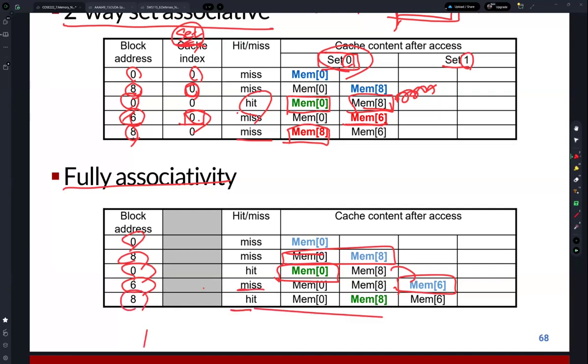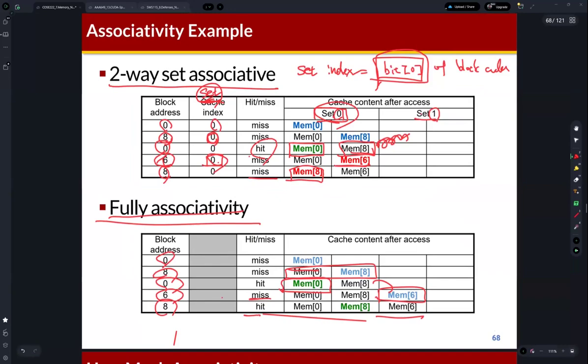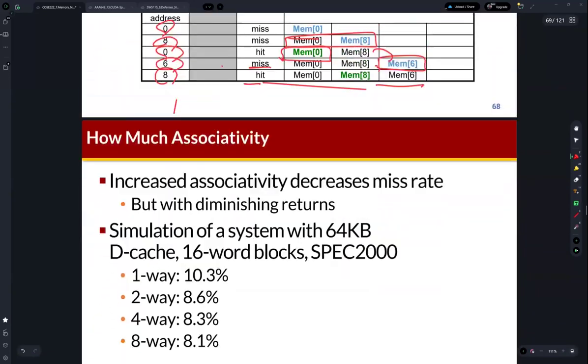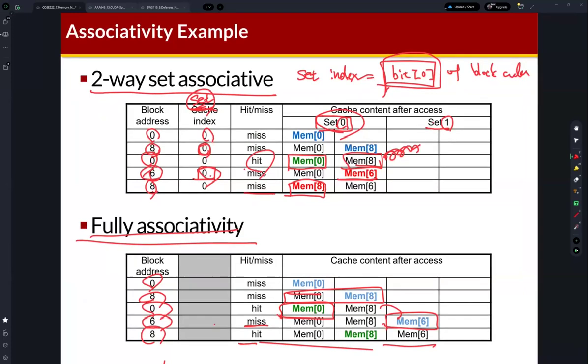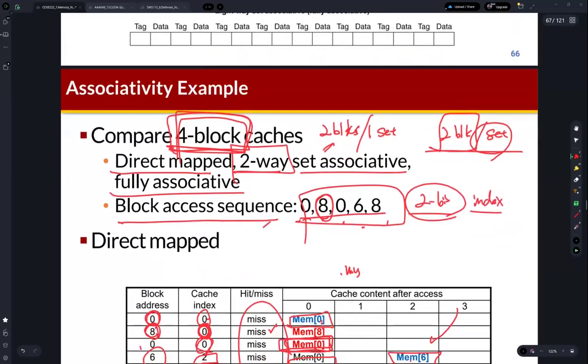Then 8 is a hit. So you can find that in the fully associative cache there are 2 hits. So based on the set associativity, we can reduce the cache miss rate.